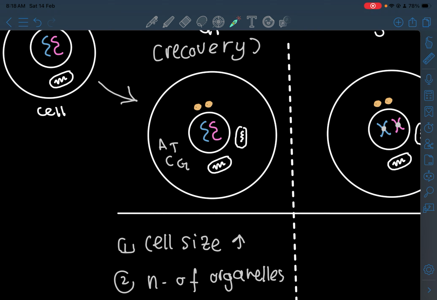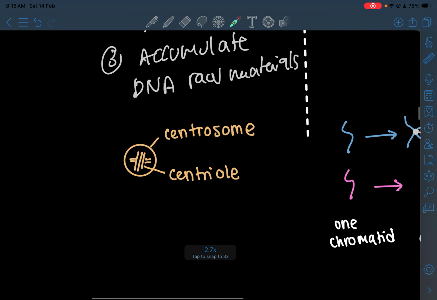You might notice as well this yellow circle. So let me zoom in. This yellow circle is an organelle. This organelle is known as centrosome. Inside it contains centriole, and you guys might remember that this organelle is needed during mitotic stage.